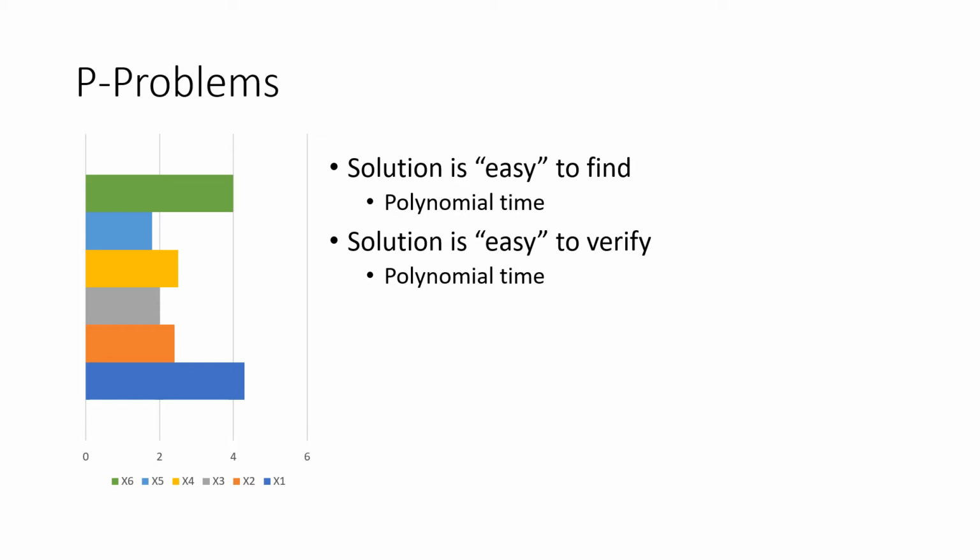I triple the number of options, it triples the complexity of the solution. I just have to look at 3 times as many things to find the solution. So that means it's polynomial. The complexity of the solution is related to the size of the problem in a polynomial manner.